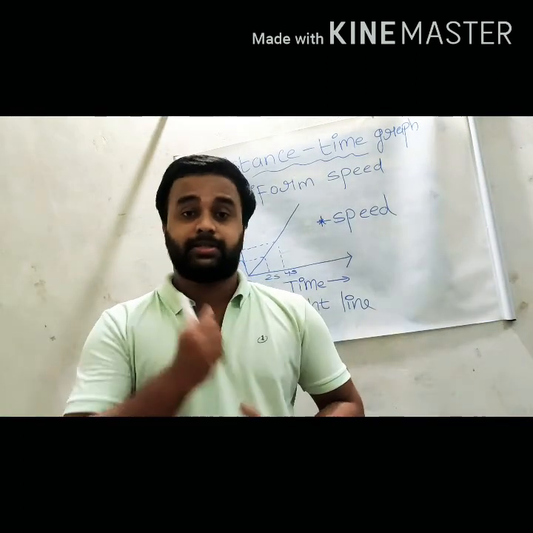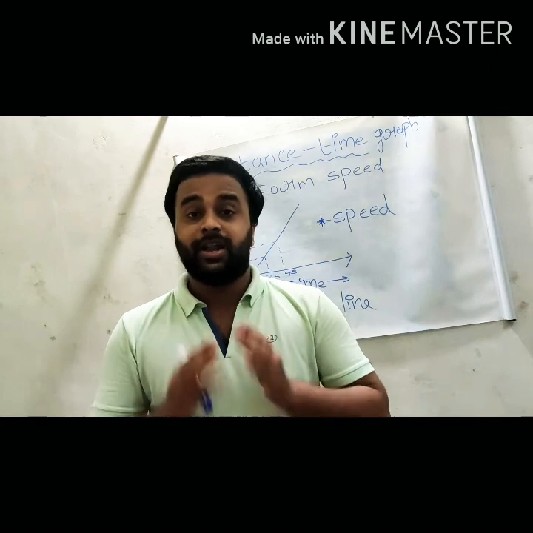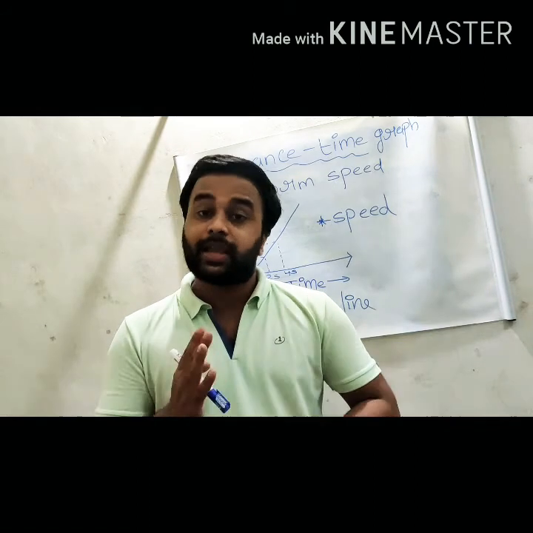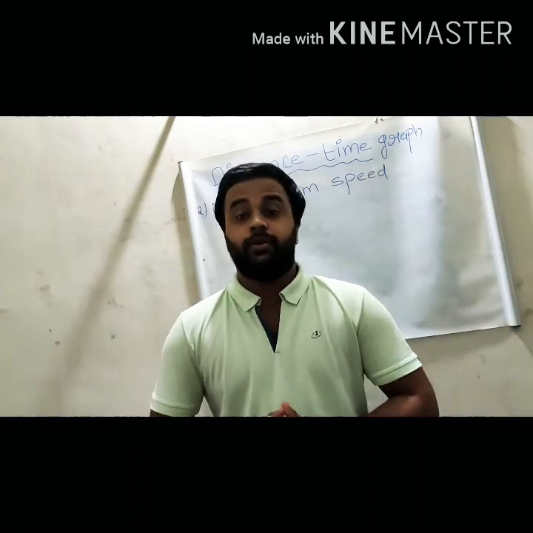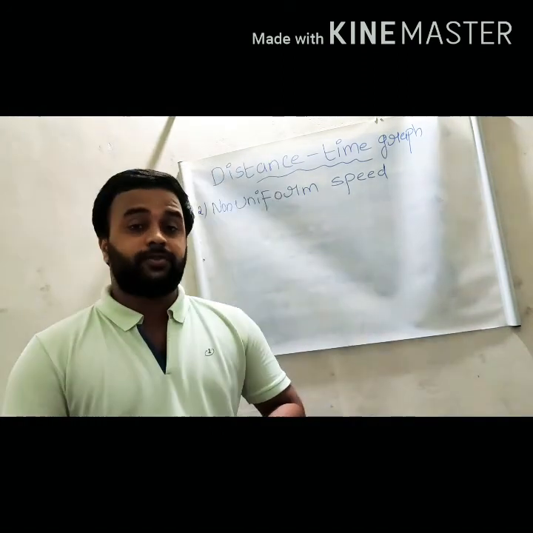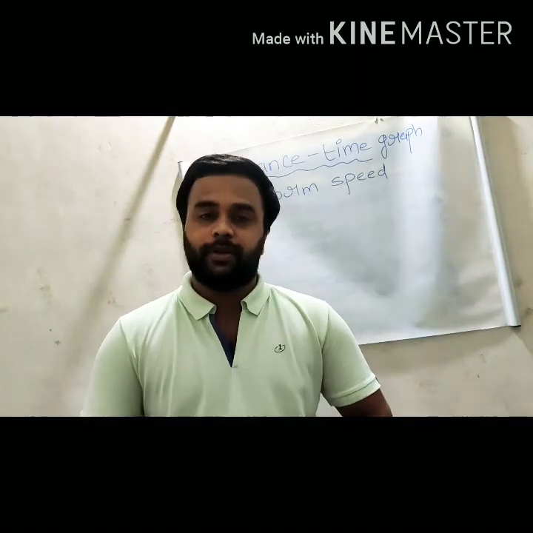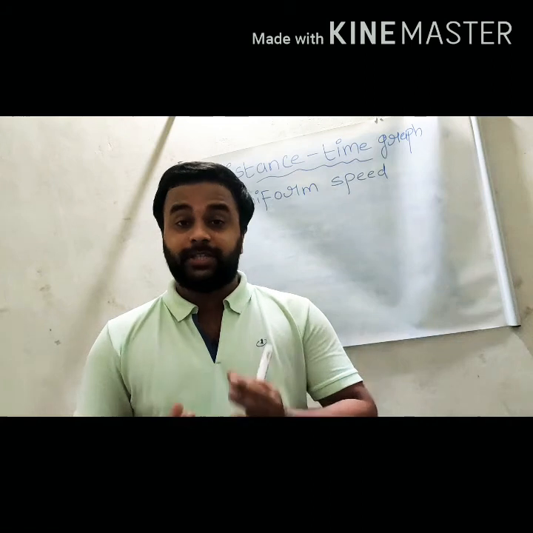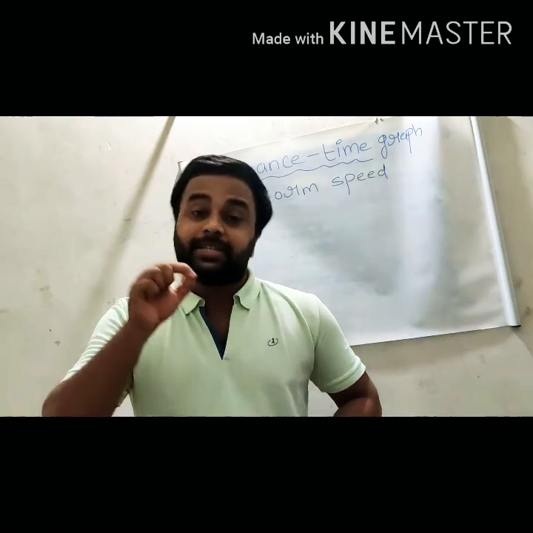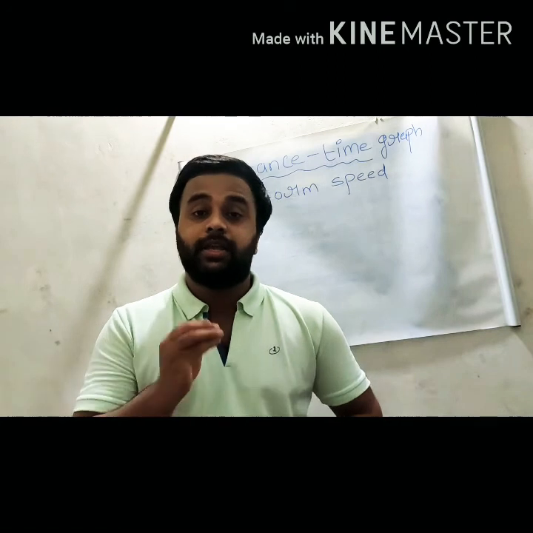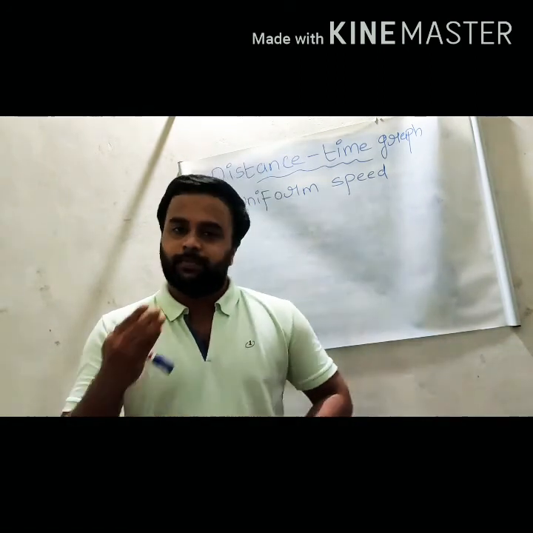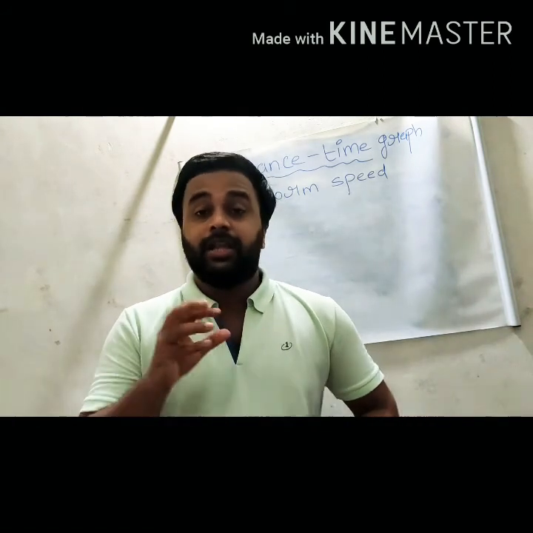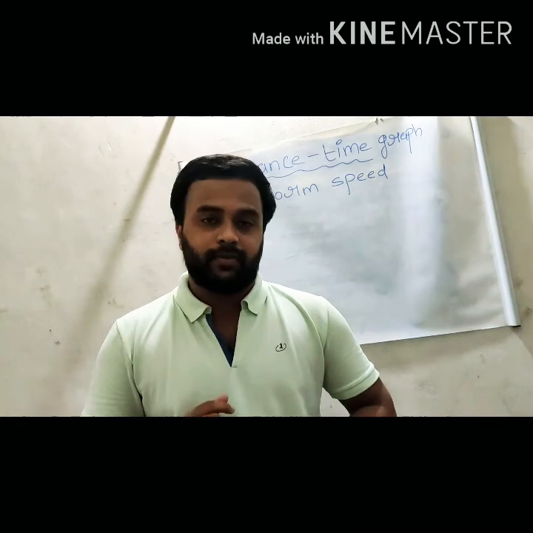What's the second case? The distance time graph of an object moving with non-uniform speed. Let's learn about that. Before that, you want to know what non-uniform speed is. Suppose an object is in non-uniform speed: it covers unequal distances in equal intervals of time.